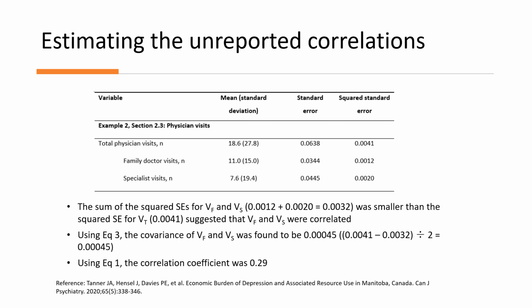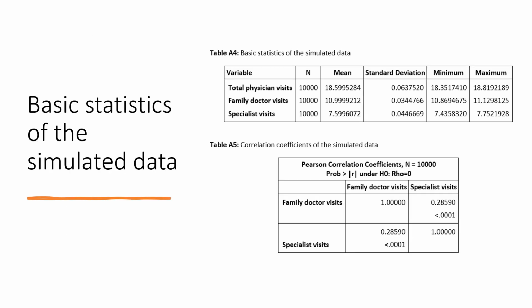Using the formula above, we calculated that the covariance of family doctor visits and specialist visits was 0.00045. We further calculated that the correlation coefficient was 0.29. We then simulated the correlated data for family doctor visits and specialist visits.